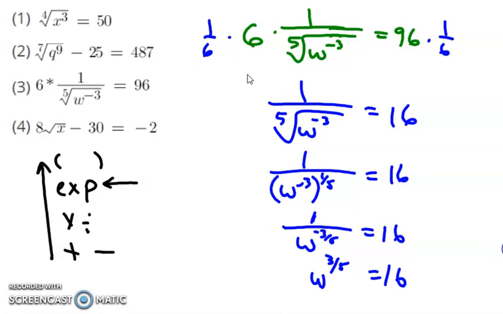If I multiply the 3/5 by its reciprocal, which is 5/3, I'm going to do it to both sides, then the exponent on the w becomes a 1, because 3/5 times 5/3 is 15 over 15, which is 1. So the problem becomes w equals 16 to the 5/3.